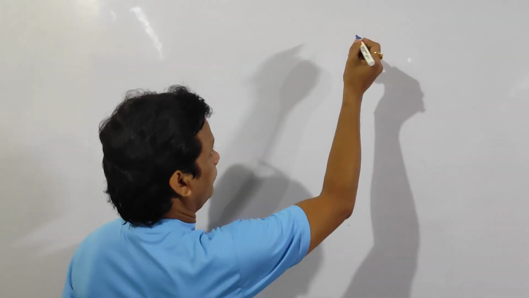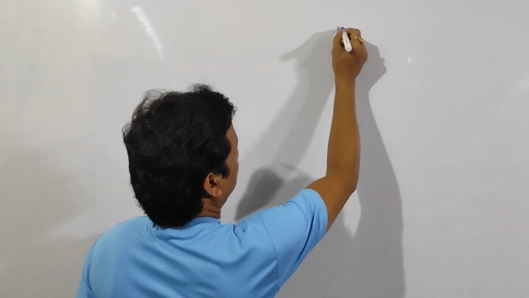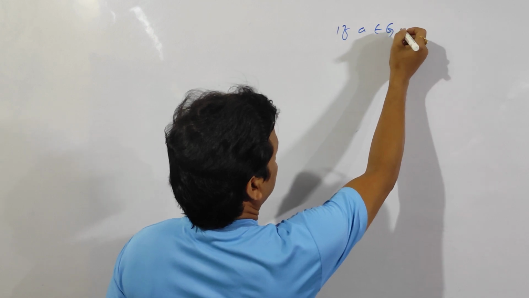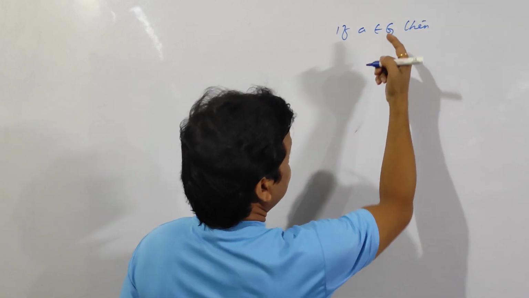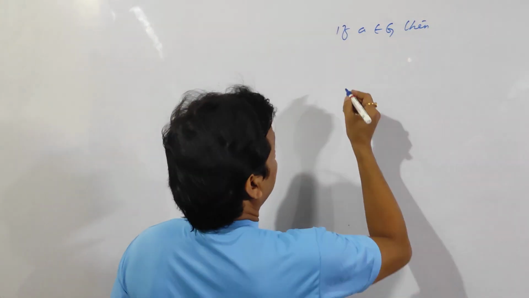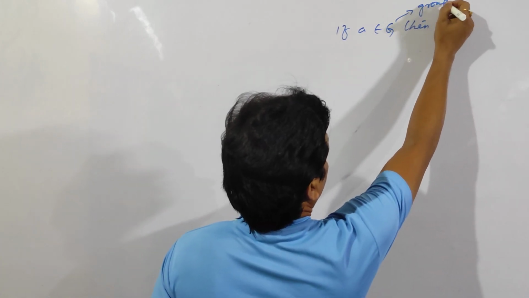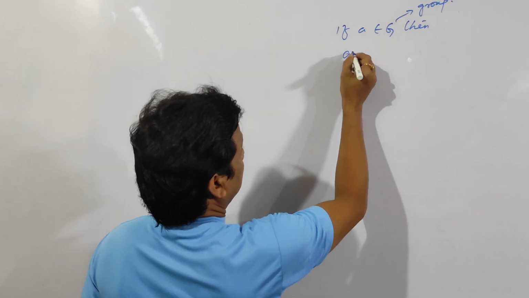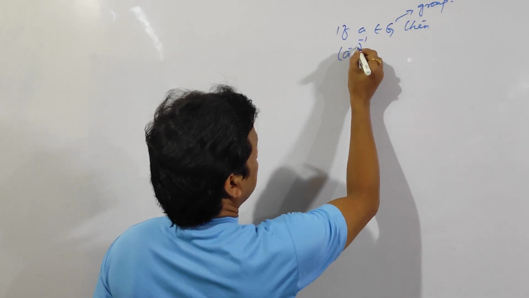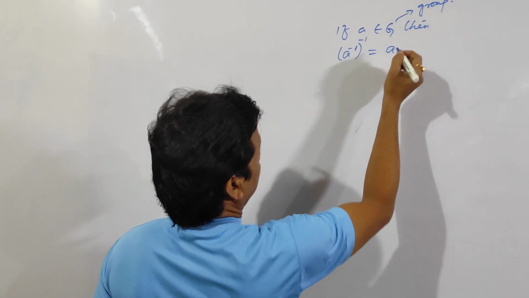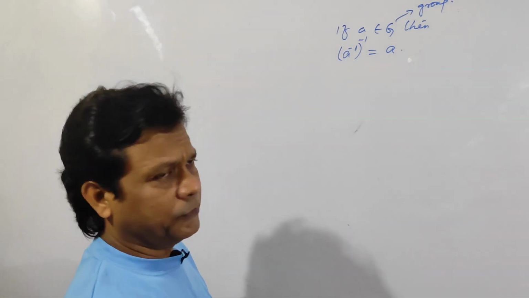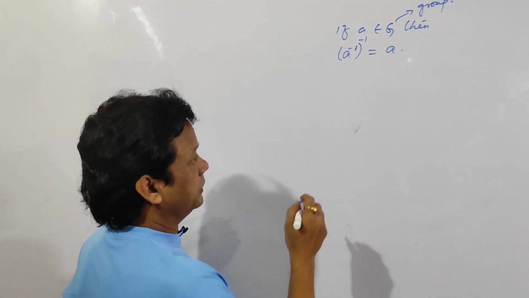Today I will tell you, if A belongs to G and G is a group, then the inverse of A inverse is equal to A. Very simple, I will prove it in one line.